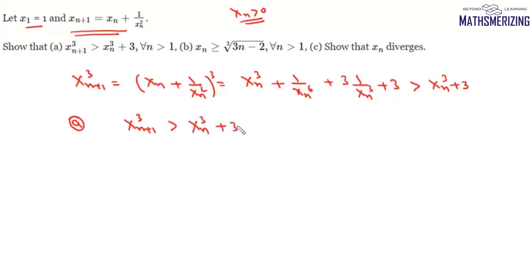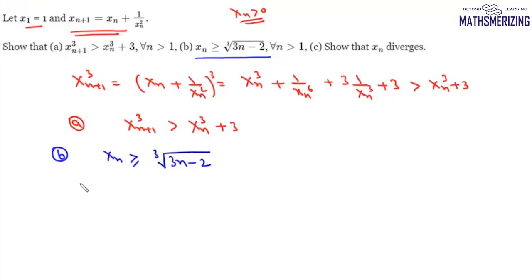Now we'll come to the second part, and the second part is we need to prove that xn is greater than or equal to cube root of 3n minus 2. Now we'll prove this result using mathematical induction.